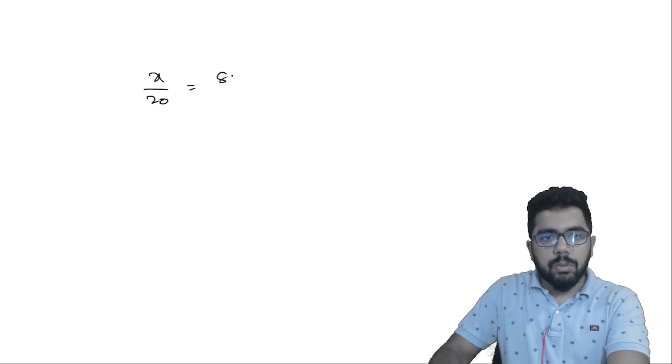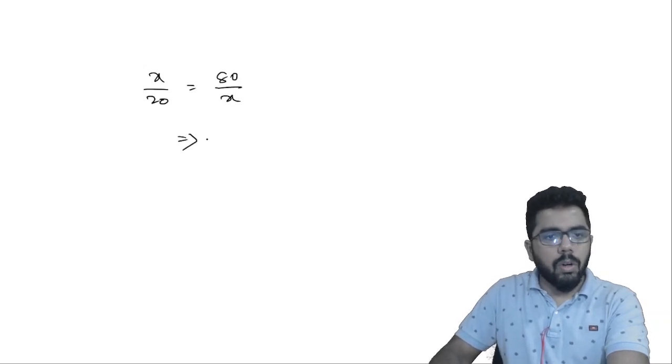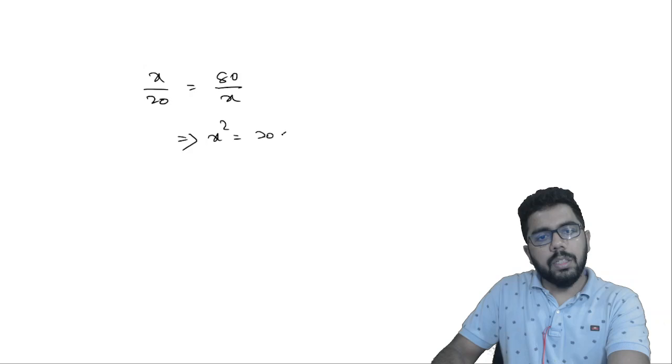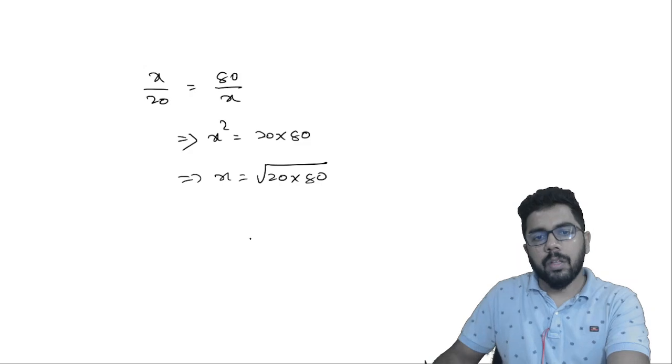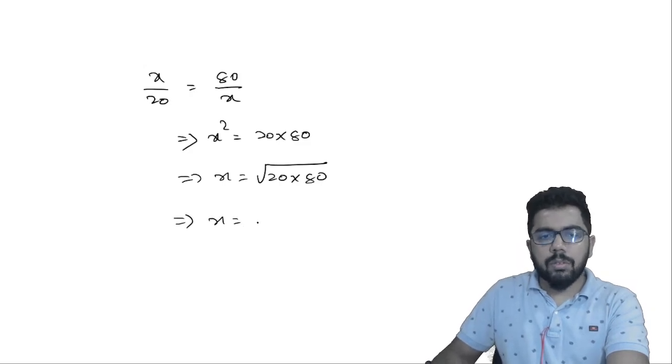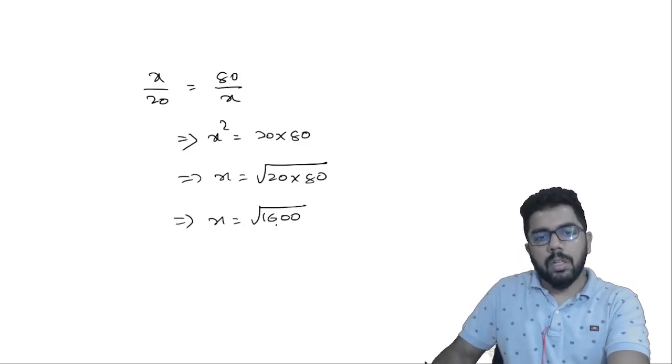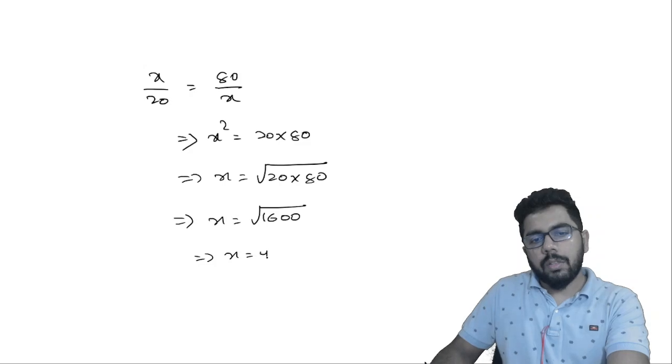So I can write X by 20 is equal to 80 by X, or X squared is equal to 20 into 80, or X is the square root of 20 into 80. If I solve this, X is the square root of 1600, or X is equal to 40. And what was X?